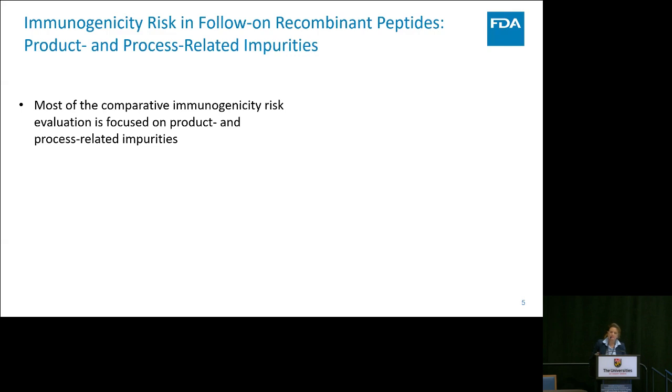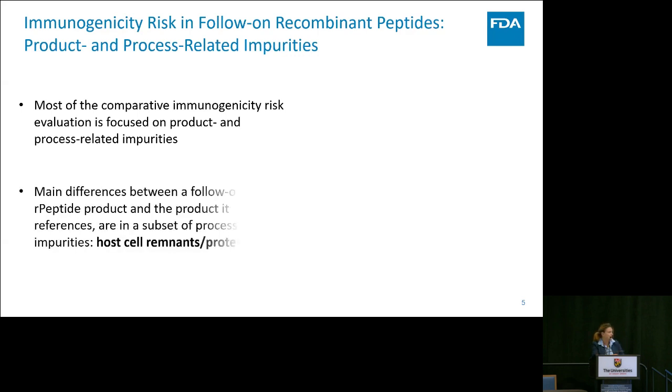The main differences between a follow-on recombinant product and the product it references are in a subset of process-related impurities that are called generically host cell remnants and host cell proteins, which are essentially cell-based biological materials from the expression system that will co-elute with the final drug product.